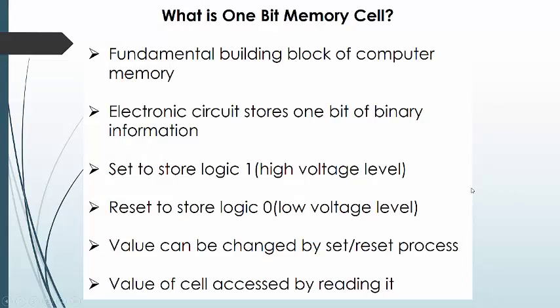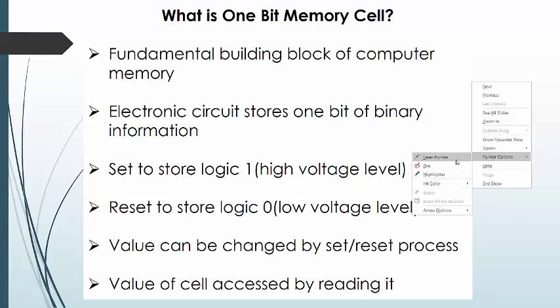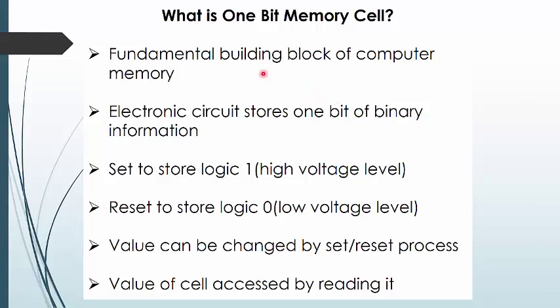A 1-bit memory cell is a fundamental building block for any computer memory, because these memory cells store a single bit value of digital representation in their location for a specific time period. These electronic circuits store one bit of binary information.